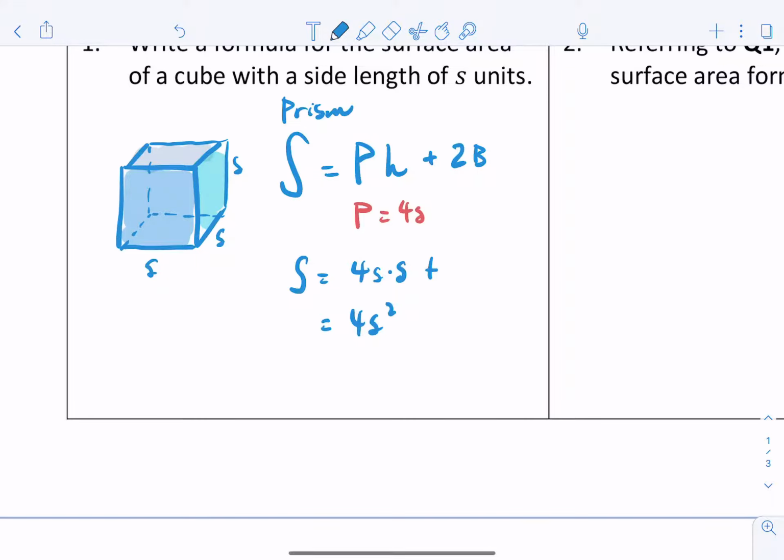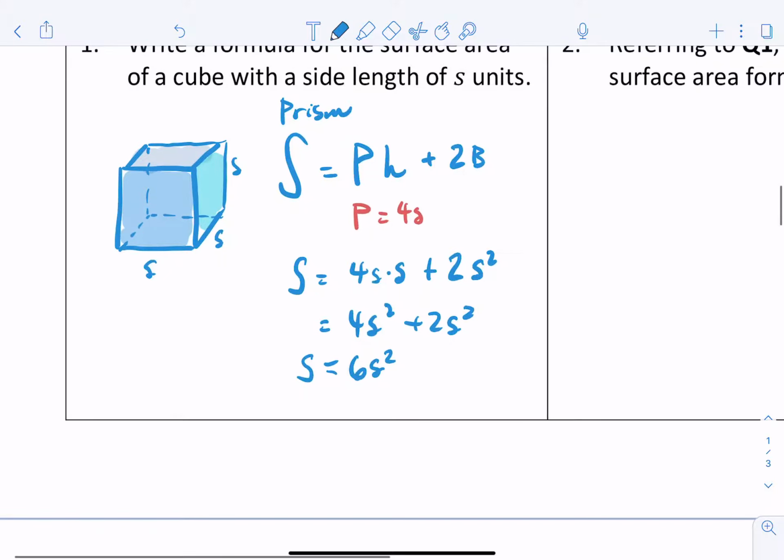So my 2 bases, each base is a square, so just s times s for its area. And if I have 4s squared plus 2 more s squared, I should get 6s squared.